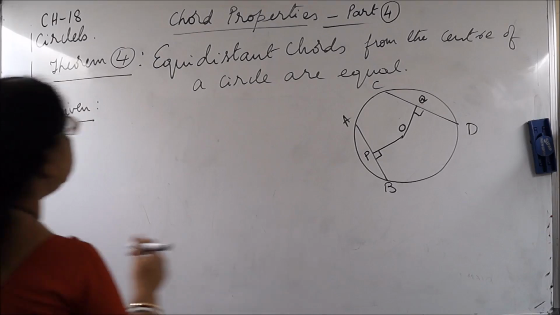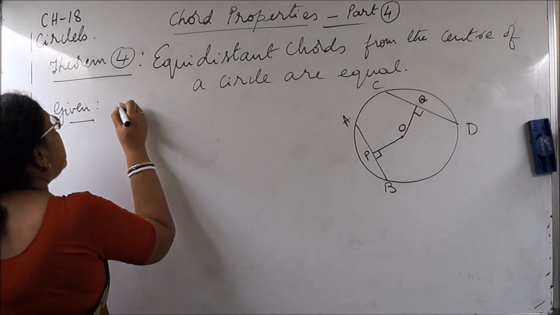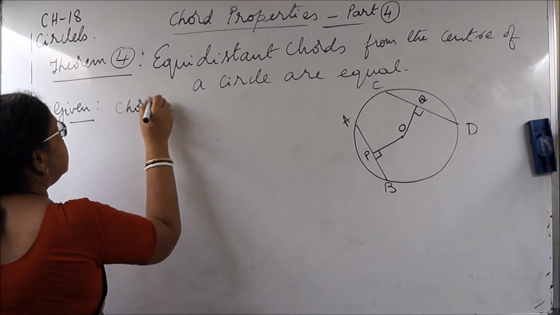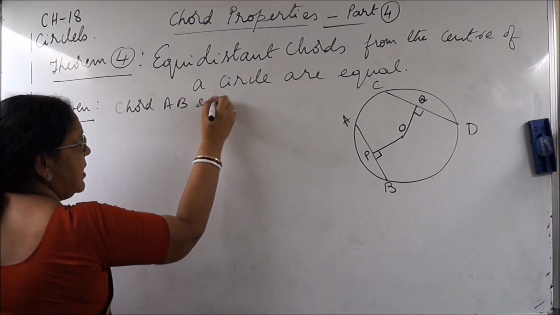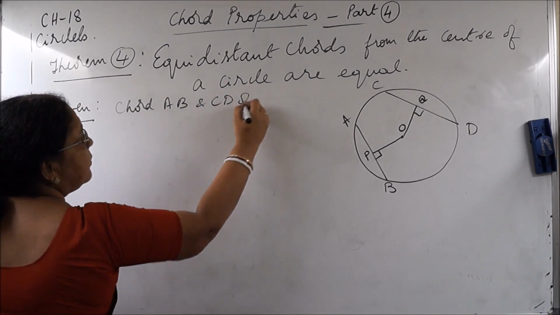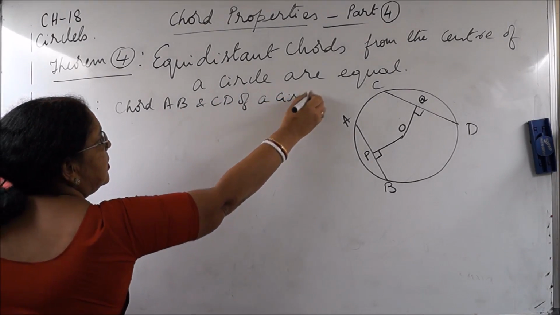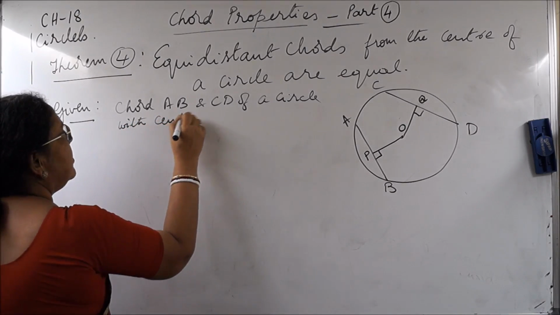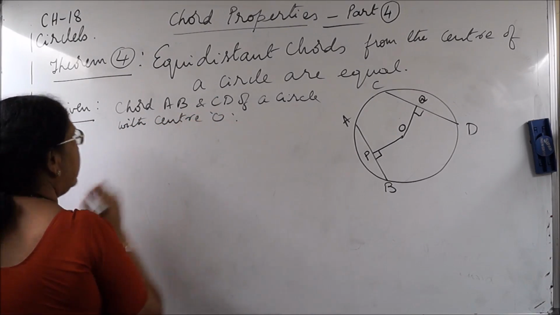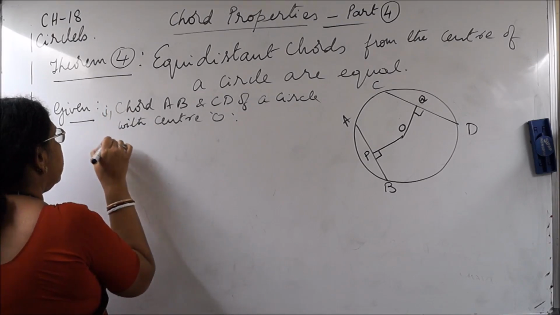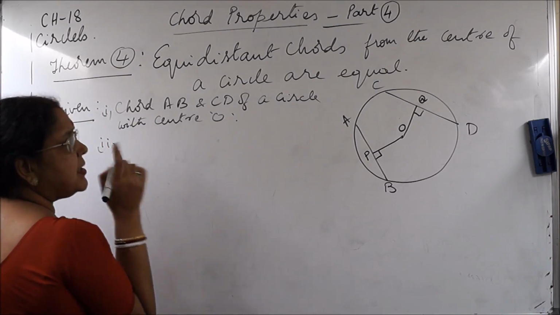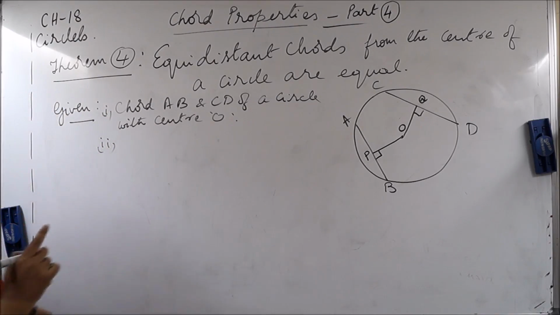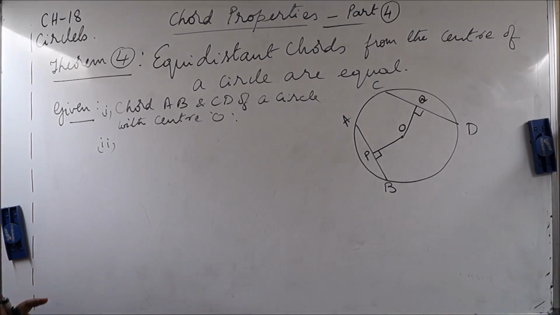Okay, so here given chords AB and CD, we have two chords of a circle with center O. Also we know that OP is equal to OQ and OP is perpendicular to AB and OQ is perpendicular to CD. That also we know because equidistant.